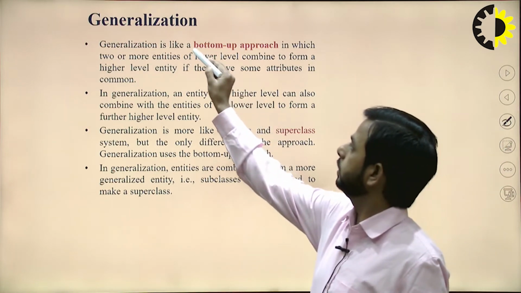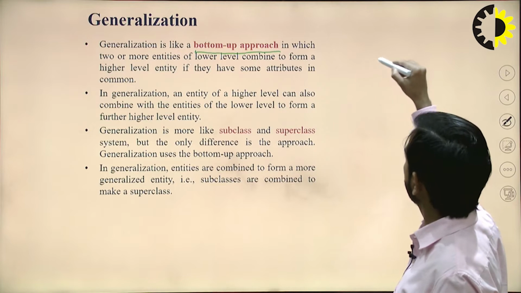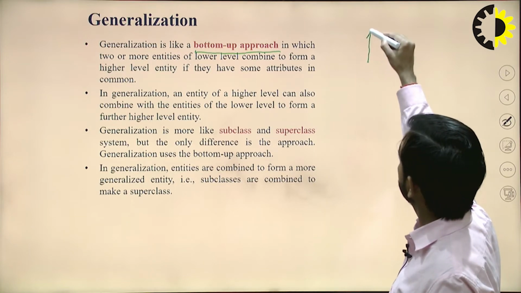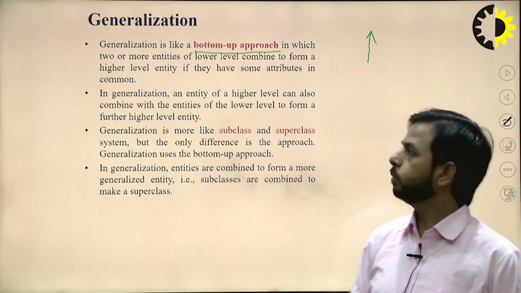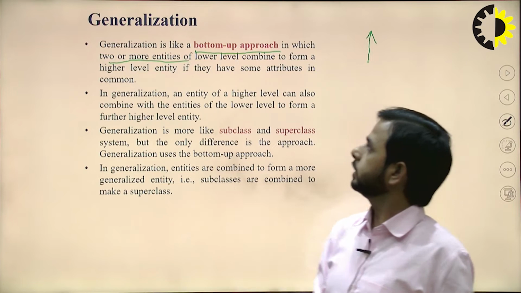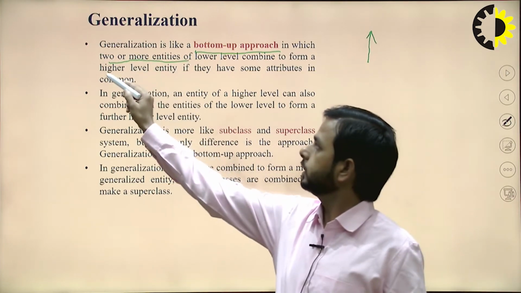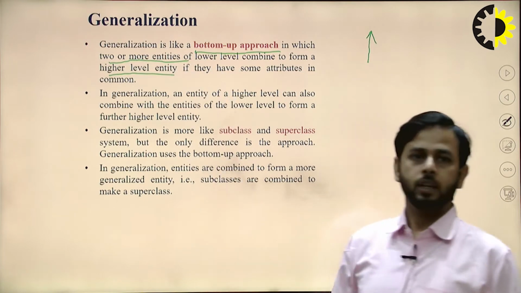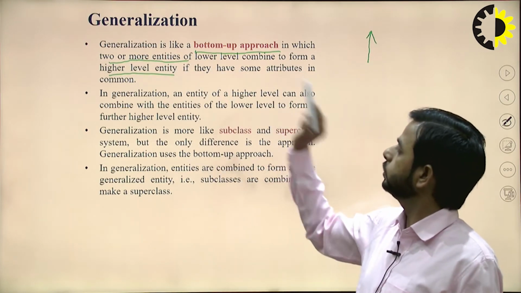It is a bottom up approach, which means we go from bottom to top, in which two or more entities of lower level combine to form a higher level entity if they have some attribute in common. This is very important.